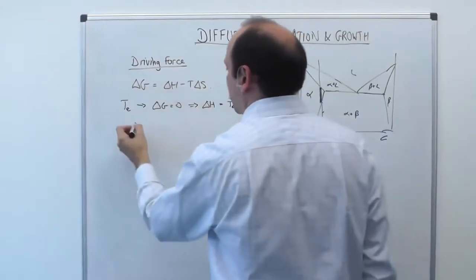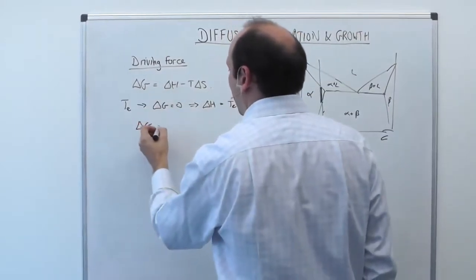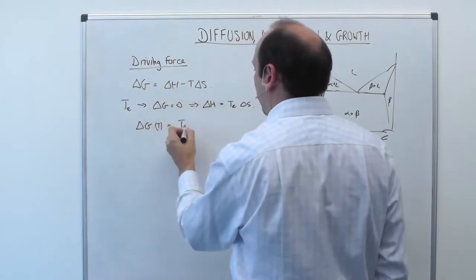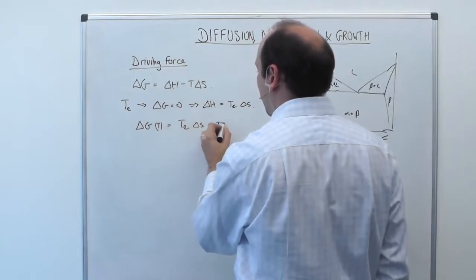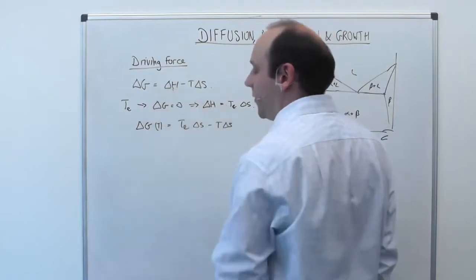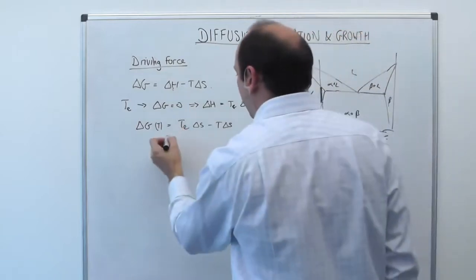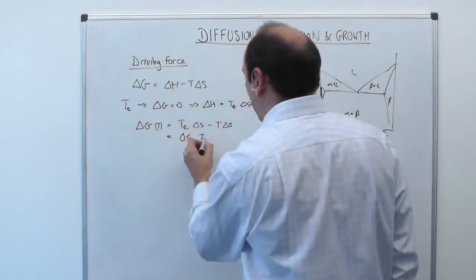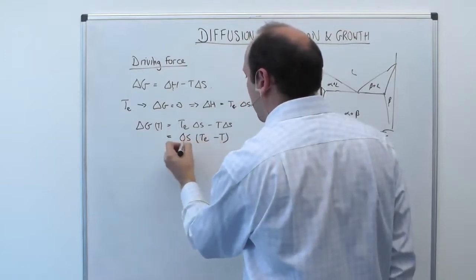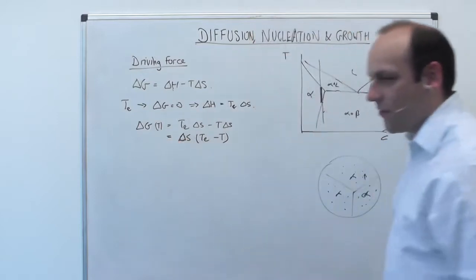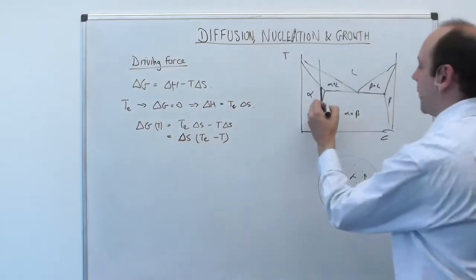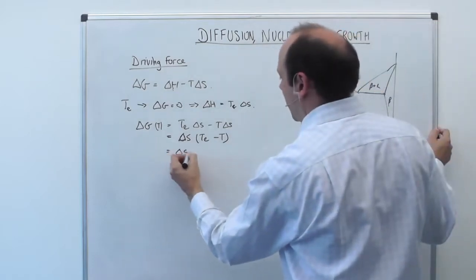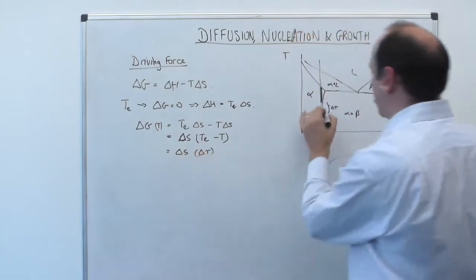So we can substitute for delta H in here. So delta G as a function of temperature will be then equal to T equilibrium delta S minus T delta S, because we're substituting for delta H in there. And so we can write this as being delta S times T equilibrium minus T. So if we're at a temperature below the equilibrium transformation temperature, this delta T here, then that's equal to delta S times this delta T, this amount here.